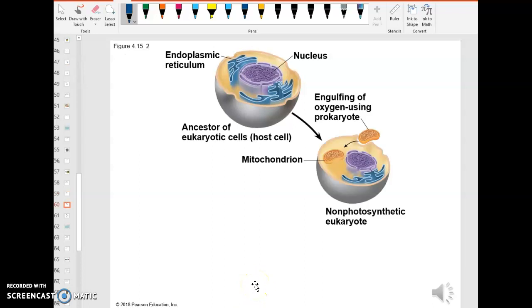One day, it decides it's going to eat a prokaryote that has the ability to use oxygen to make energy, to make ATP. And instead of digesting it after it's been engulfed, the mitochondria just stays in the cell and continues to live there in a symbiotic kind of relationship.